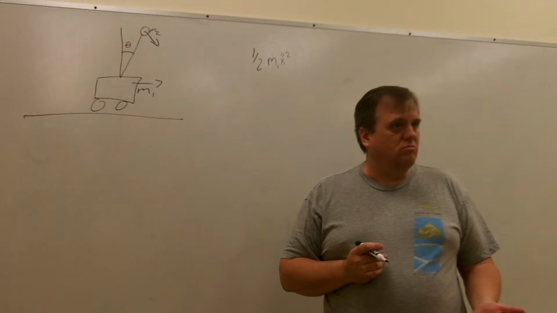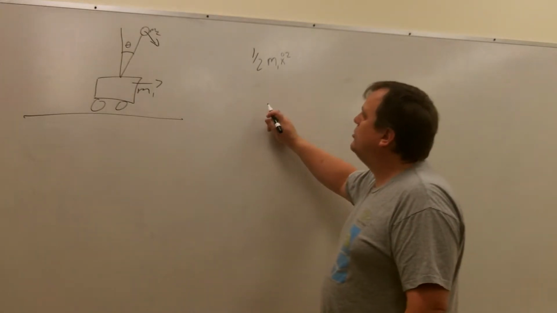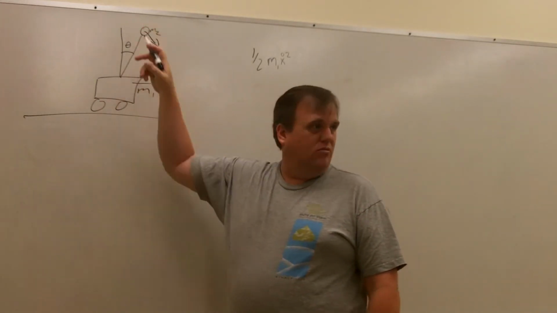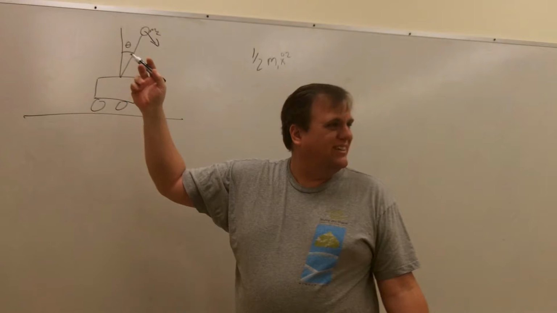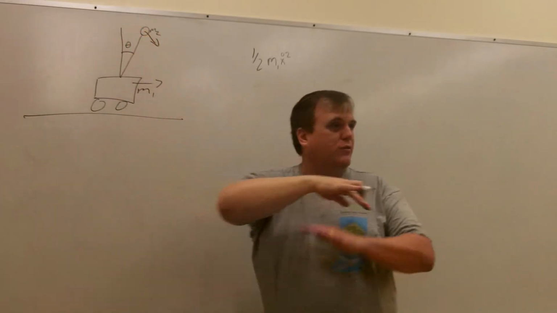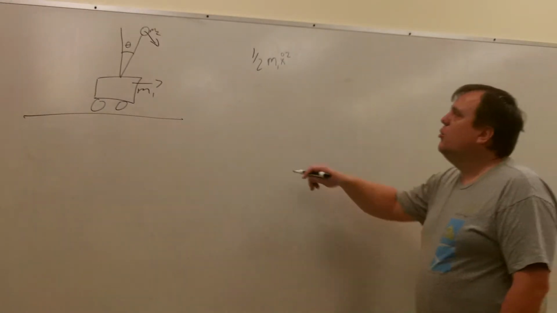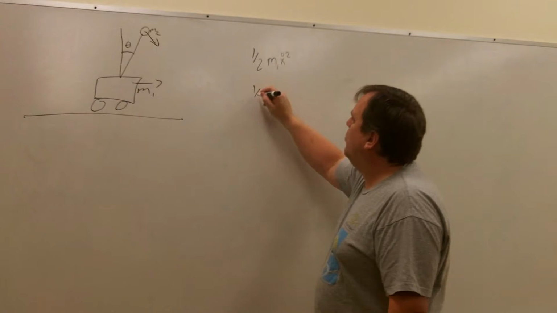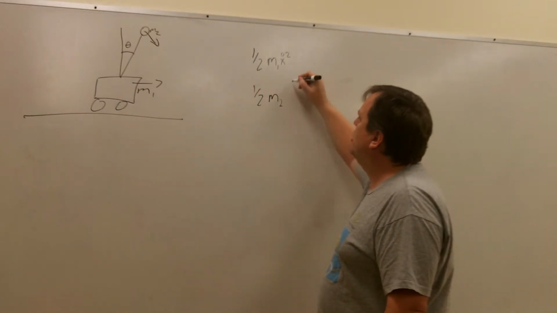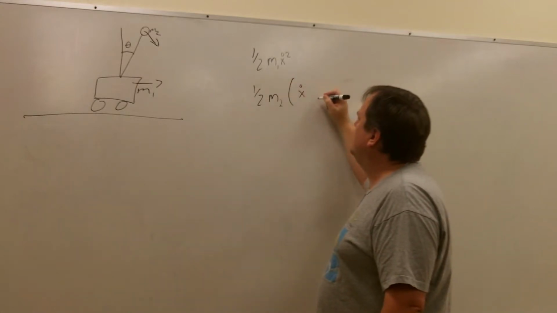So, when we consider this, it's on a rod, so if this cart's moving, that's moving too. You assume it's moving at the same speed as the cart plus whatever the rotation due to theta dot is. So I've got 1/2 m2, and I now have an x dot.